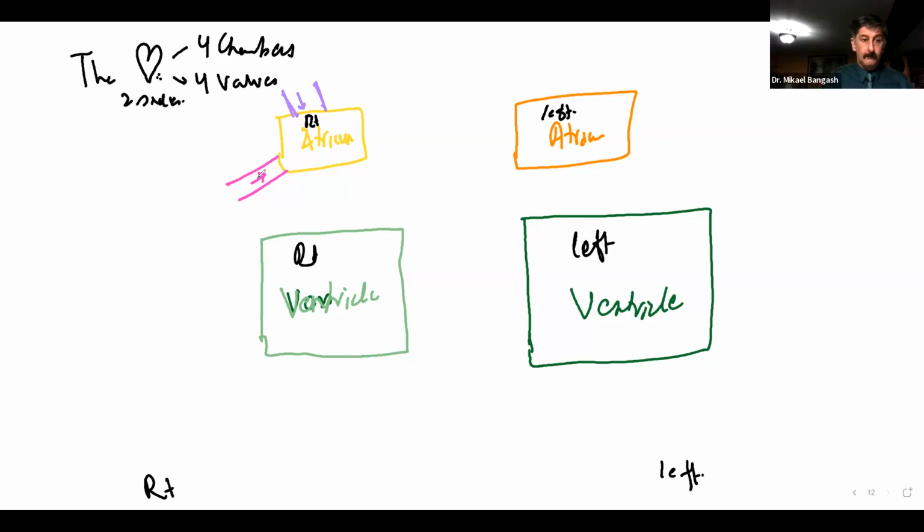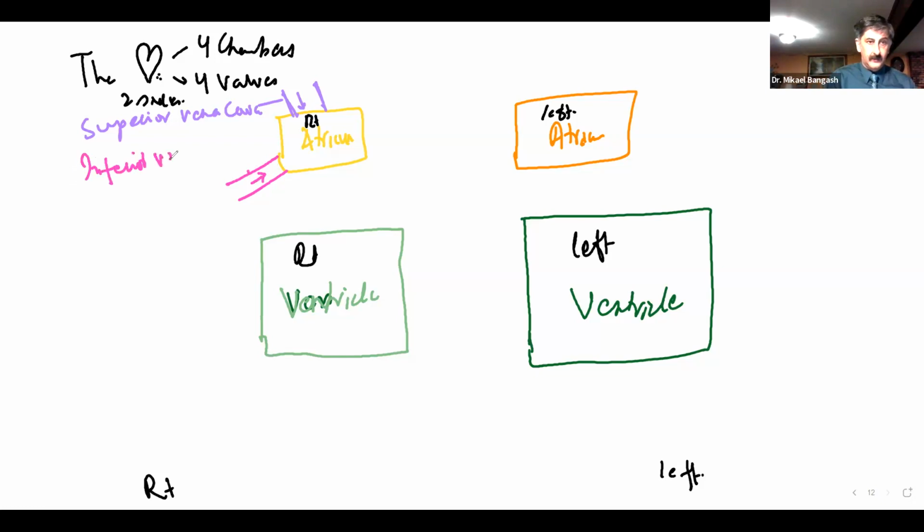One is what we will call the superior vena cava. And the other blood vessel that brings blood back from the body is this fellow here, which is what we call the inferior vena cava.